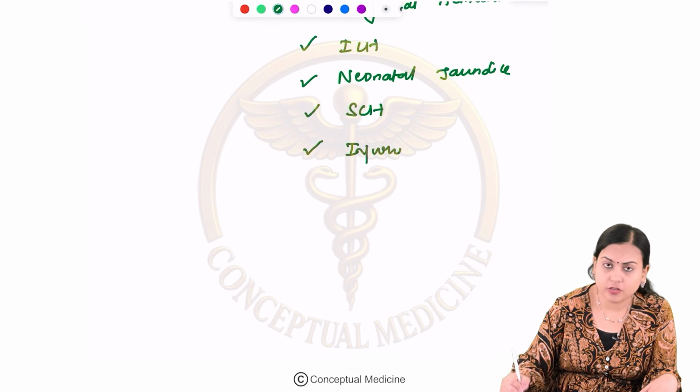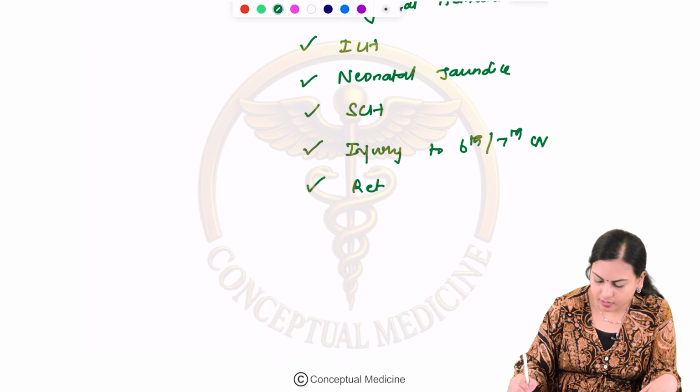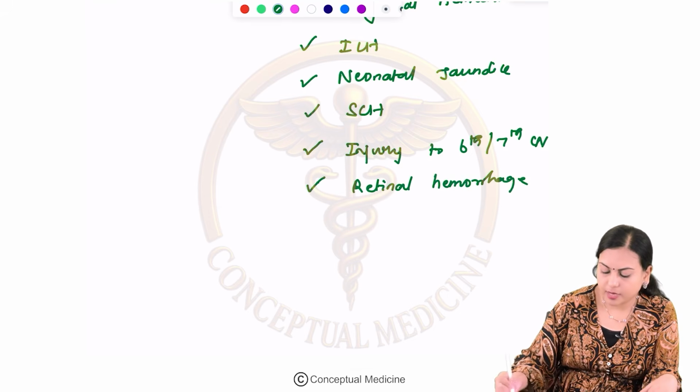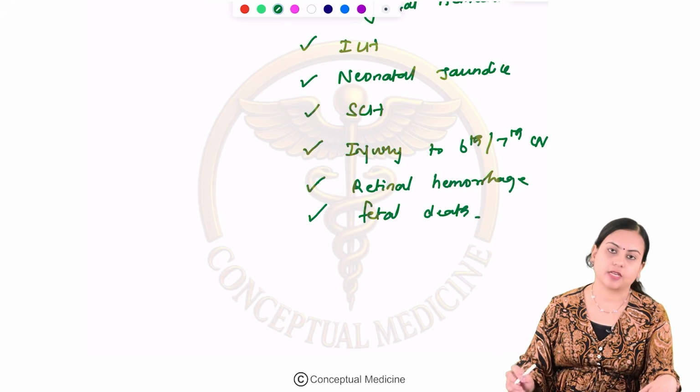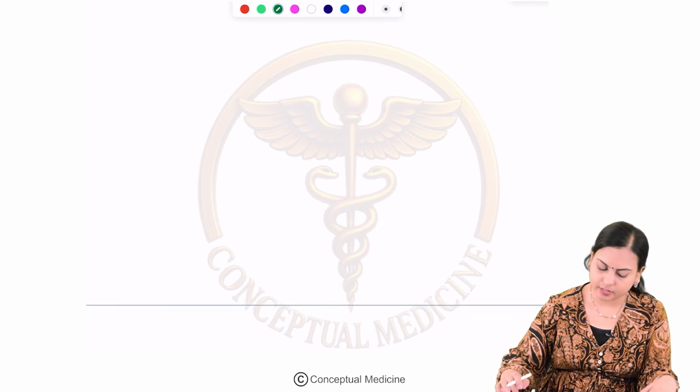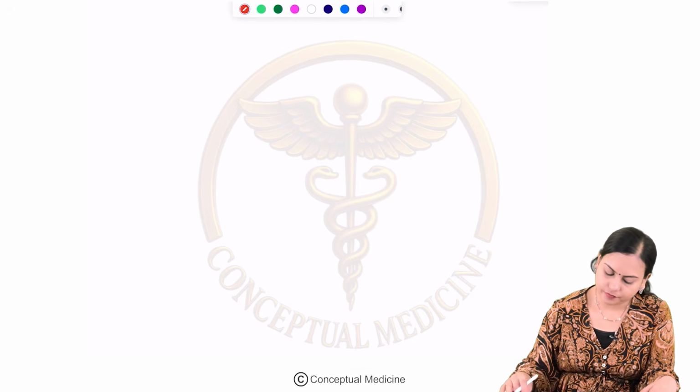There can be injury to 6th or 7th cranial nerves as well. And finally, retinal hemorrhage and fetal death can also be anticipated. Clear? Right. Now, let's do a comparison between forceps and vacuum delivery.